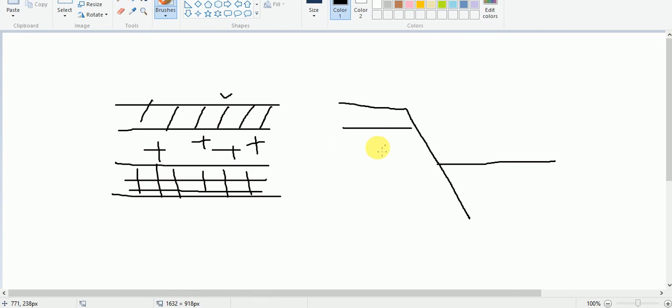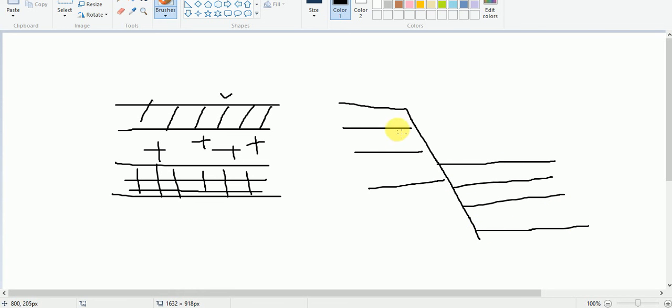So these are the layers, and because of this faulting process, this portion is subsided, and so the first layer comes here, and the second layer comes here, and this is the third layer, and the third layer comes here.